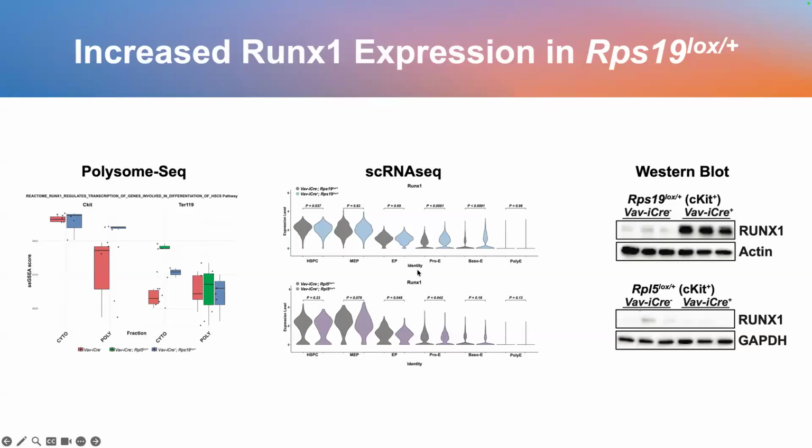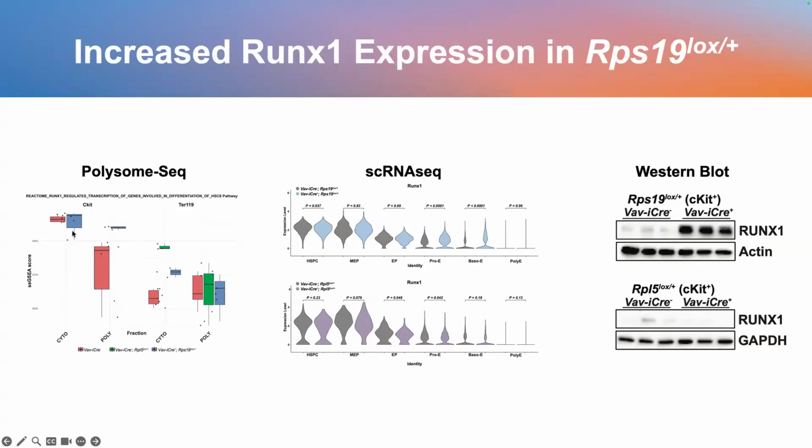I don't know. So I went back and looked at the polysome sequencing, and indeed, in the c-kit of the RPS19, so this is the Reactome, this is not the gene itself or the protein itself. RUNX1 regulates transcription involved in differentiation of hematopoietic stem and progenitor pathway.